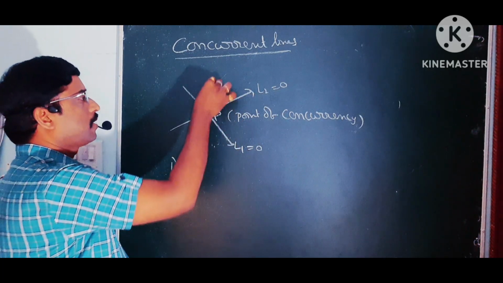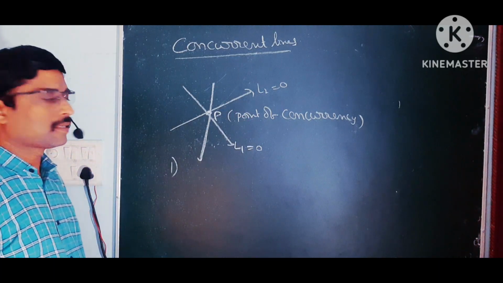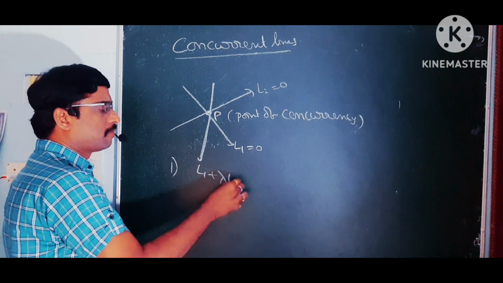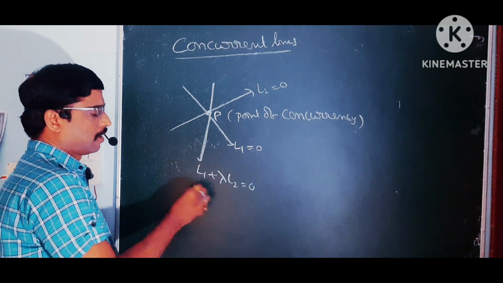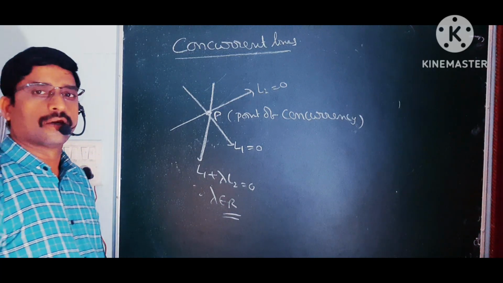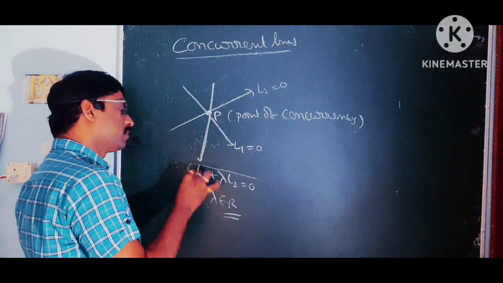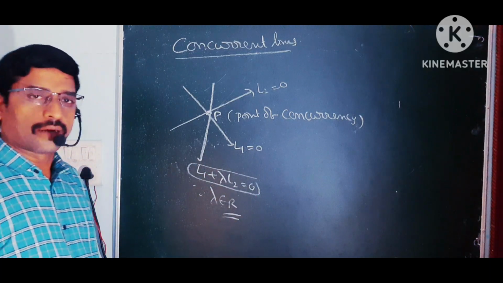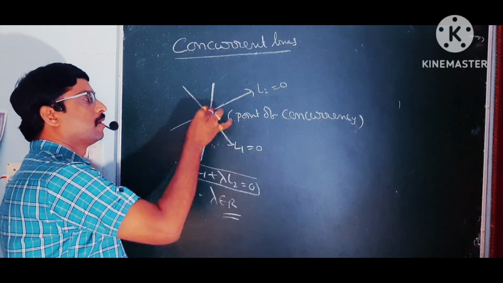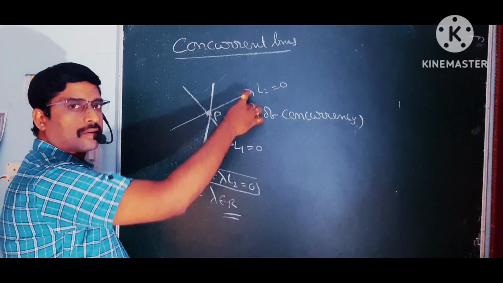The equation of a line passing through the point of intersection of the lines L1 is equal to 0 and L2 is equal to 0 is L1 plus lambda L2 is equal to 0, where lambda belongs to any real number. So L1 plus lambda L2 is equal to 0 is a straight line which passes through the point of intersection of the lines L1 is equal to 0 and L2 is equal to 0.